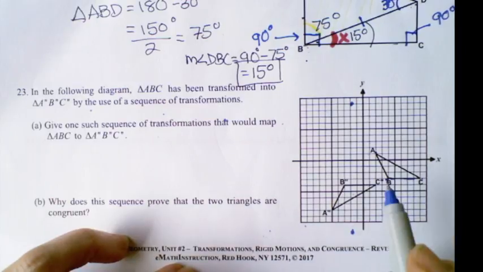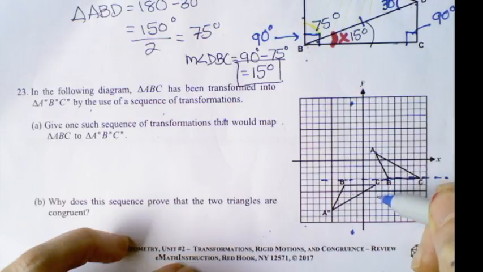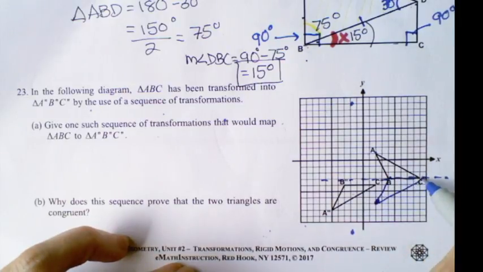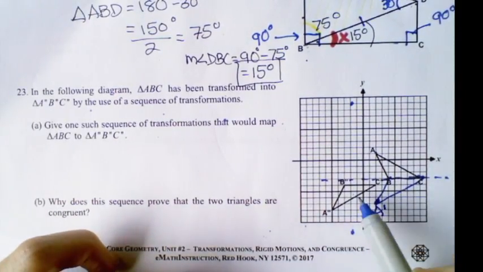Let's imagine this is the line of symmetry. And A is 4 above that line, so I'm going to bring A prime 4 below that line. So now I have this. See how I made a mirror image? Except this one is not that.